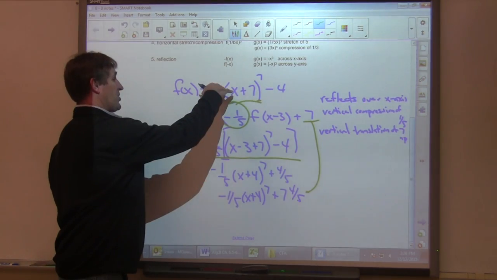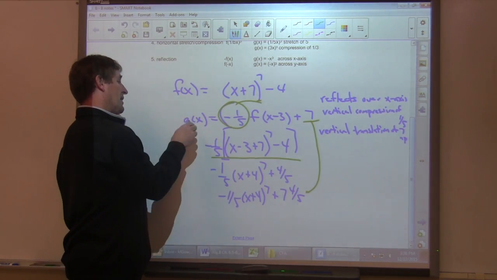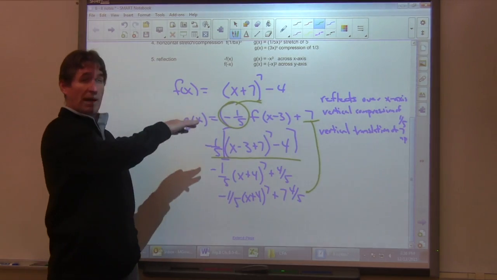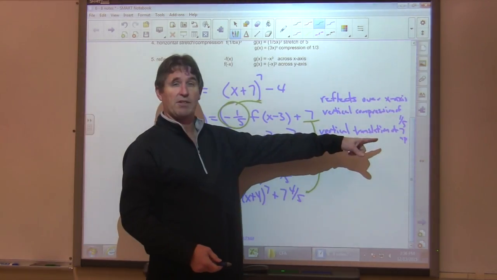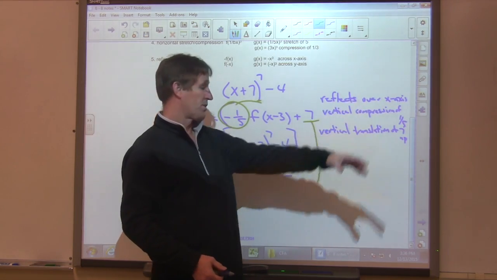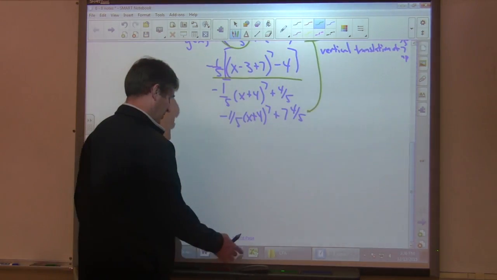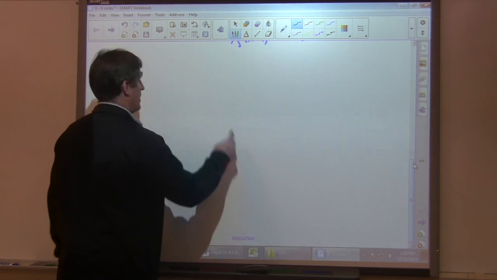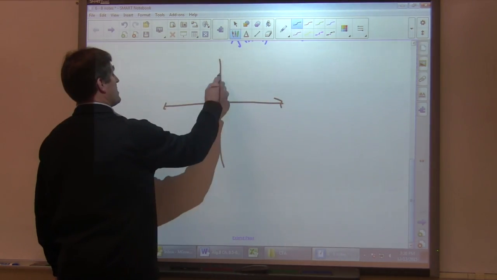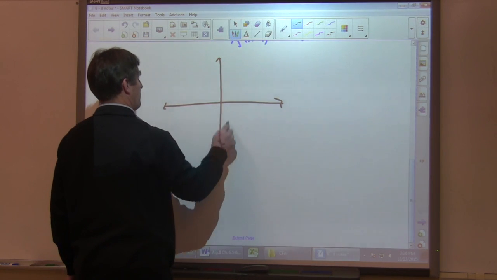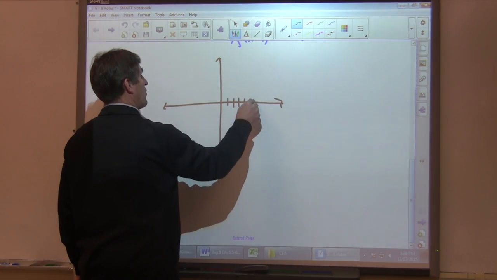You're going to be given a function and then be given what g of x is as an equation, and then have to tell the new function and describe the transformation in words. And then the last thing that you're going to do, which we haven't done before, but hopefully is fairly easy for you, they're going to give you a graph.